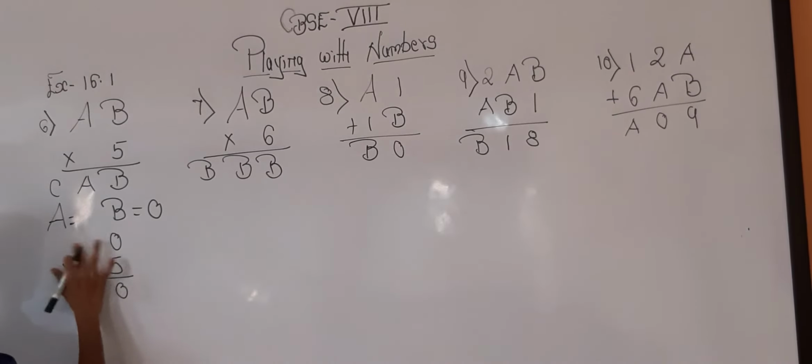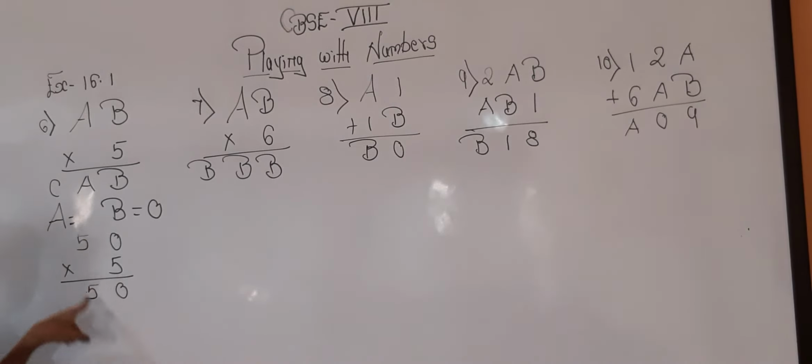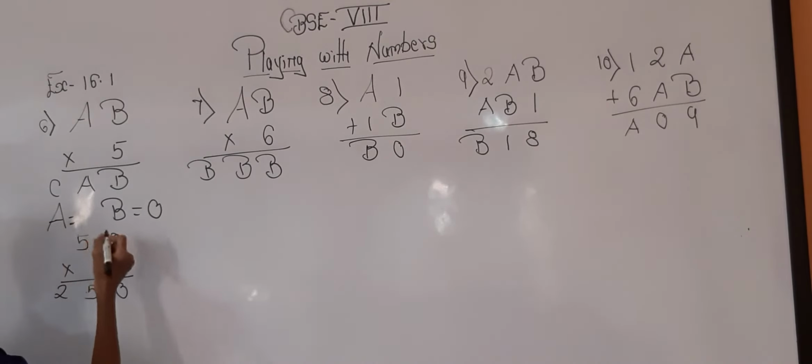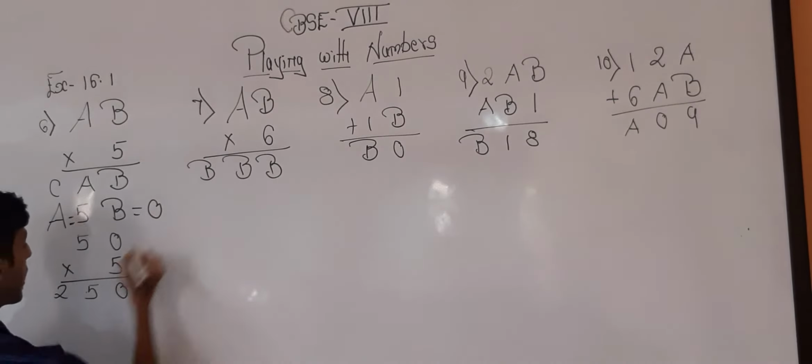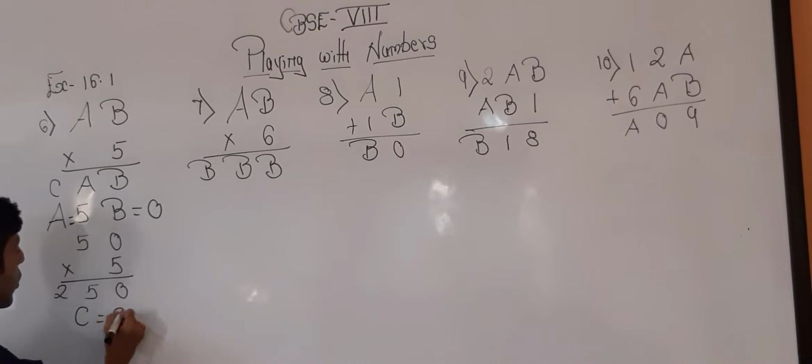If I am taking 4 over here, 4 5s are 20, 0 is coming over here. If I am taking 5, 5 5s are 25, 5 is the same. My value of A is the same as it is, and over here 2. So my value of A will be equal to 5, and my value of C will be equal to 2.